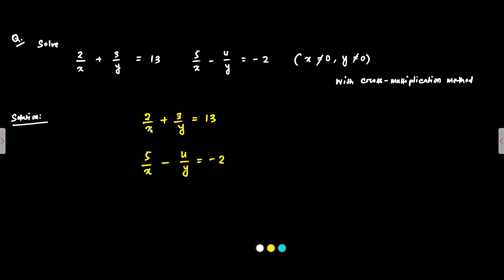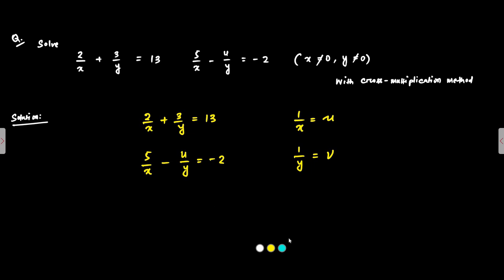Okay, so here we have to make some changes. We'll let 1/x = u and 1/y = v.